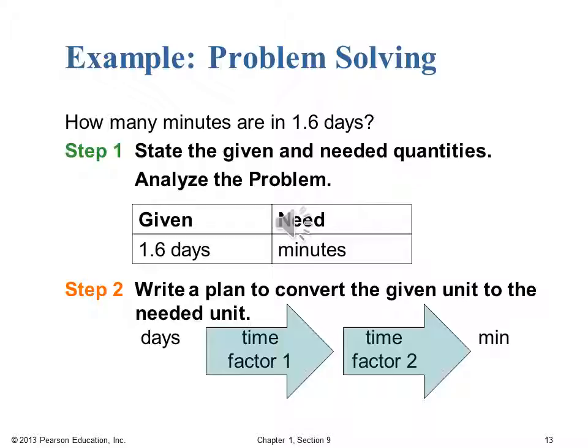In step 2, we're going to write our plan, and our plan is going to involve starting with the days that we're given and then having a time factor to get us first into hours, and then finally from hours into minutes. If you happen to know how many minutes in a day, you could go directly, but that's not as common knowledge as how many hours in a day and how many minutes in an hour. It's much more typical to go through those 2 factors rather than to jump into it all at once.